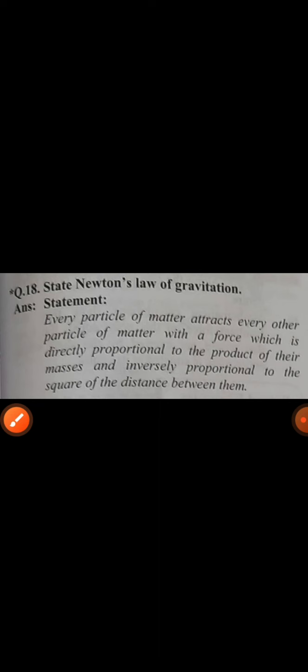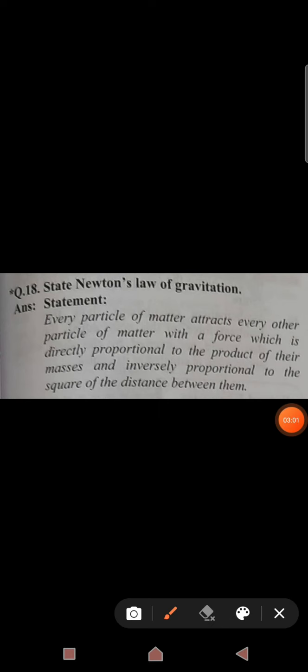So if we combine this, we can write this law as F directly proportional to m1 m2 upon r square, where m1 and m2 are the two masses and r is the distance between them. So clearly you will understand that the force is directly proportional to the product of their masses and inversely proportional to the square of the distance between them.